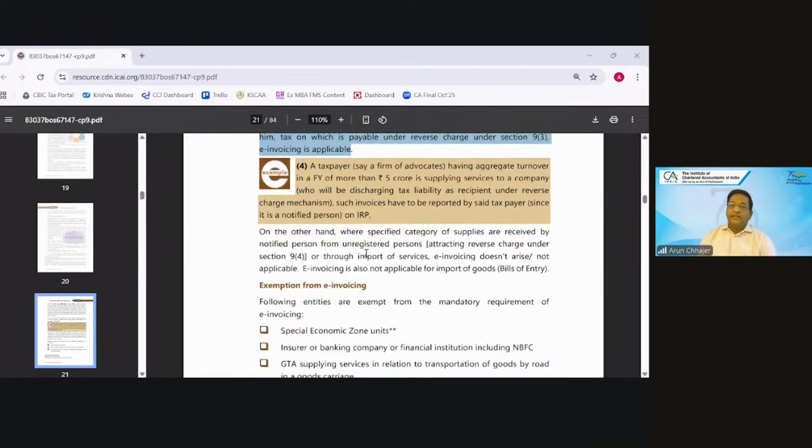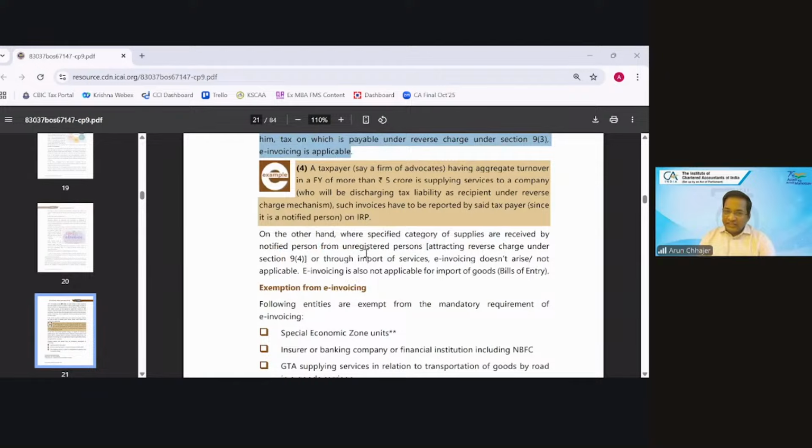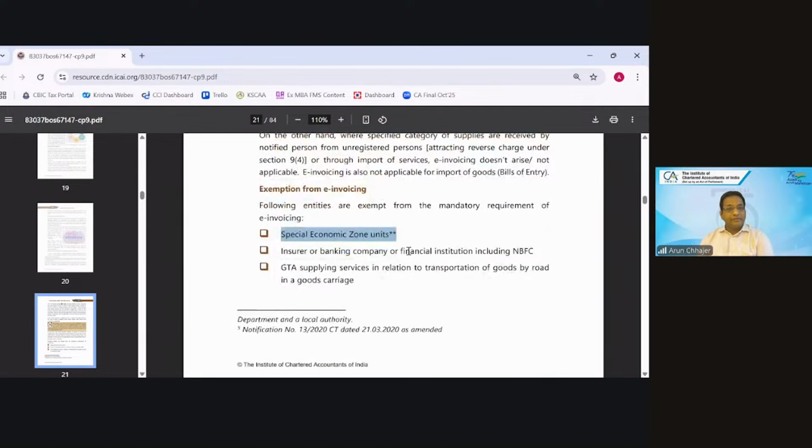Now, there are certain categories of persons or entities. Point to be noted, these entities are exempted from e-invoicing. SEZ unit. Please note, mostly the SEZ unit and developer always come together.